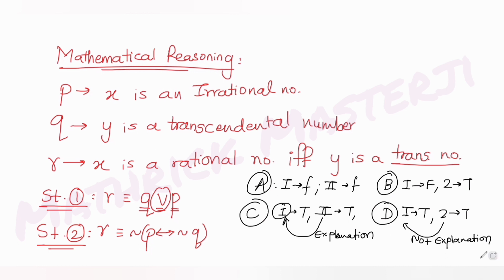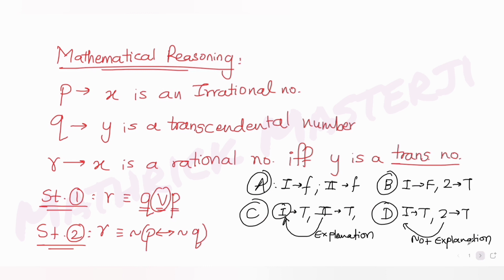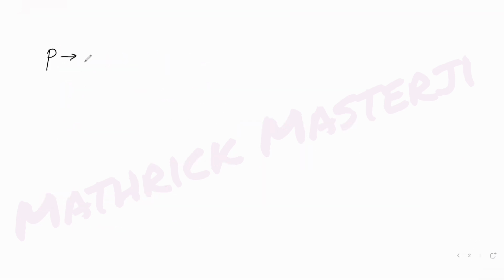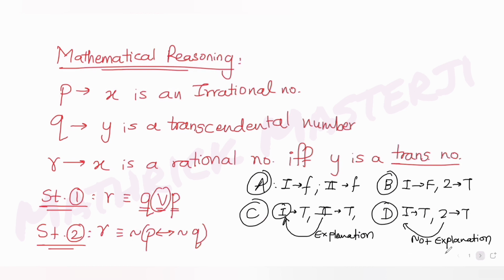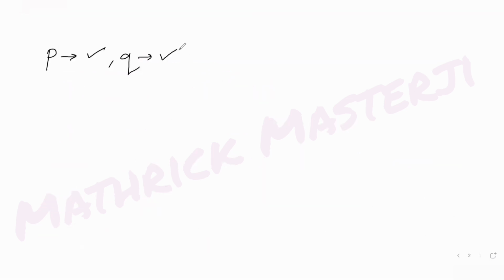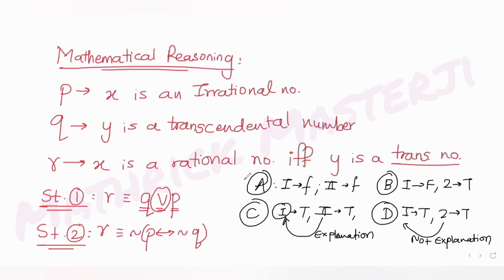So let's figure out which of the answer choices can be the correct answer for the question given to us. First of all, P says X is an irrational number, Q says Y is a transcendental number. The third statement R says X is a rational number. Rational number is nothing but the opposite of the statement P, which says an irrational number.